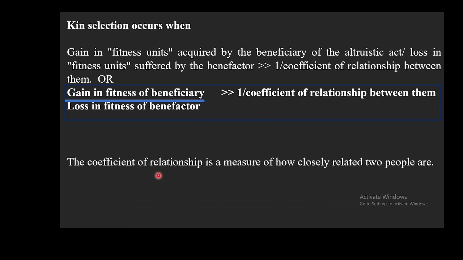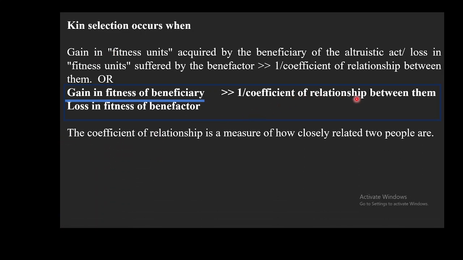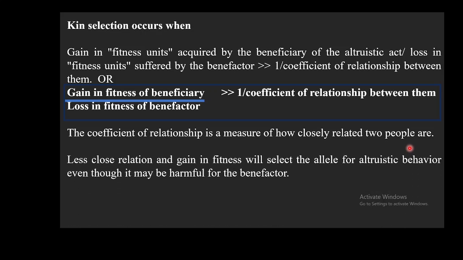So let's see, what is the coefficient of relationship? The coefficient of relationship is the measure of how closely related two people are. So if they are not very close, or you can say a less close relation, the gain in fitness will select the allele for the altruistic behavior, even though it may be harmful to the benefactor.